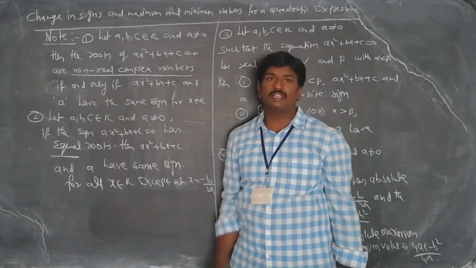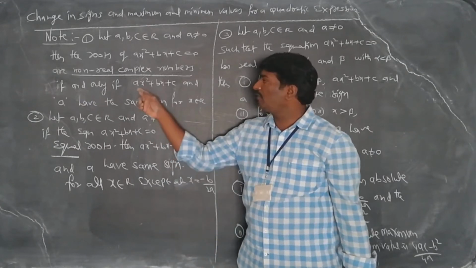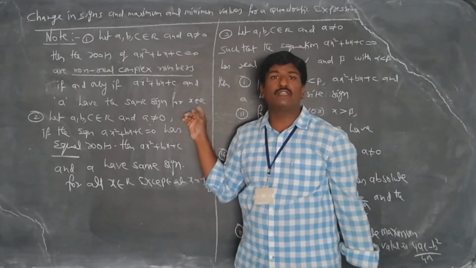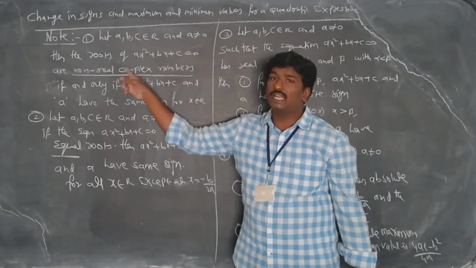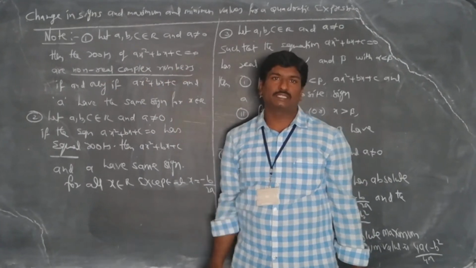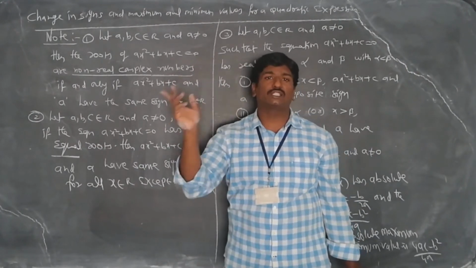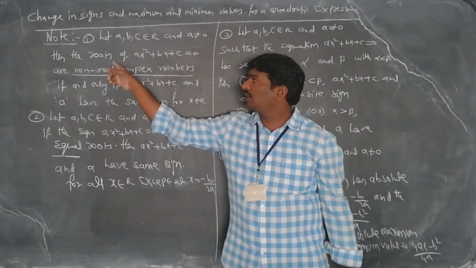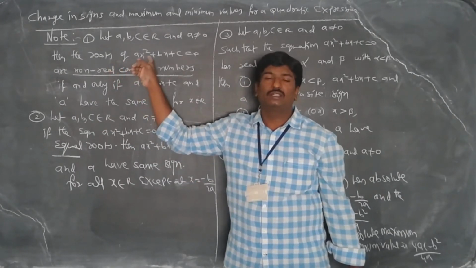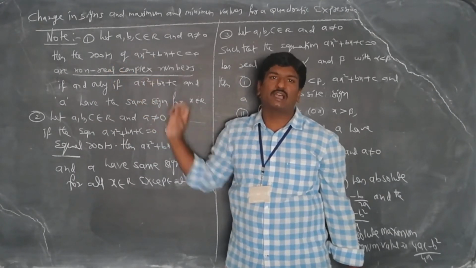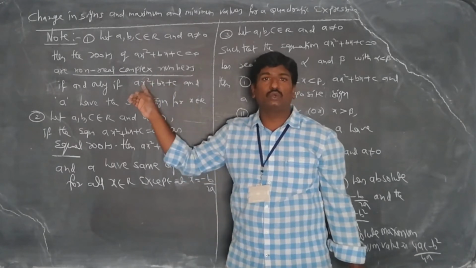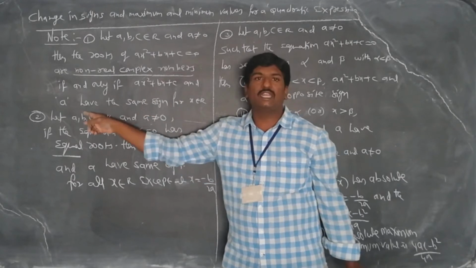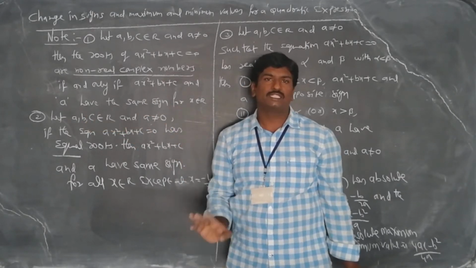And if and only if means we can say it in reverse order also. If the expression and a have the same sign, then the nature of the roots of the quadratic expression is non-real complex numbers. If the roots are non-real complex numbers, then the expression and a have the same sign. Is it clear?